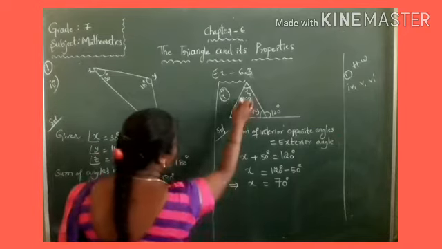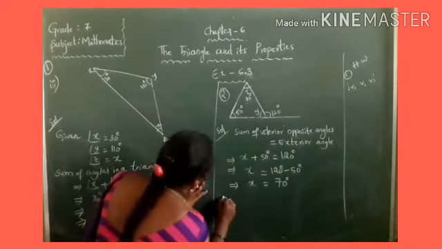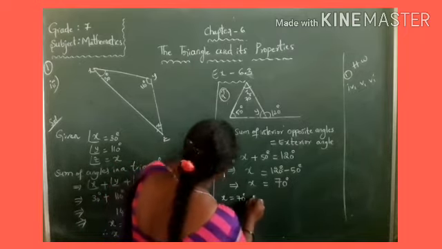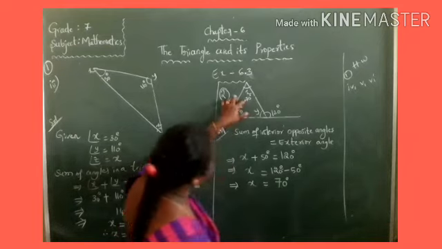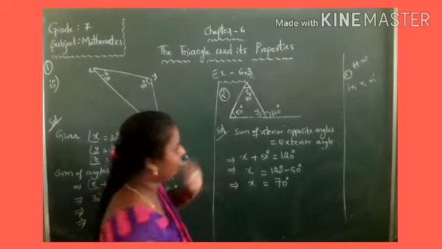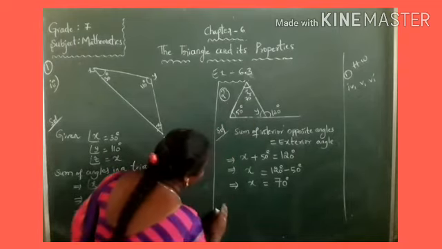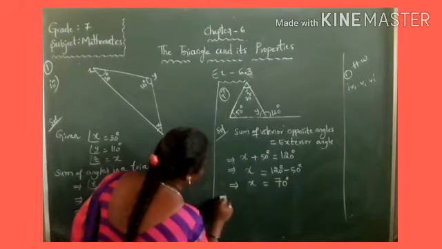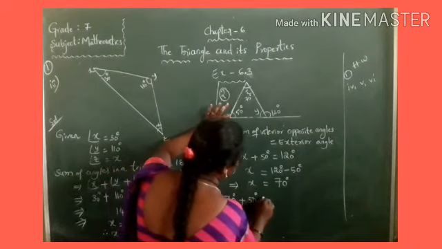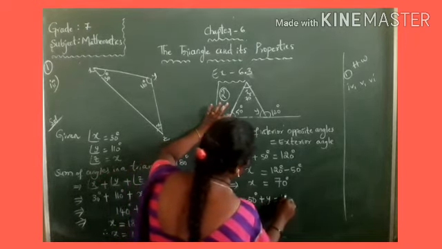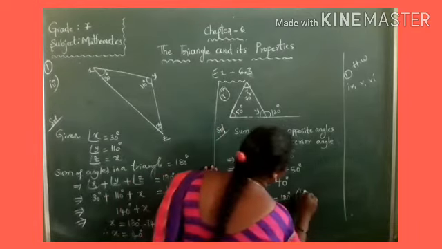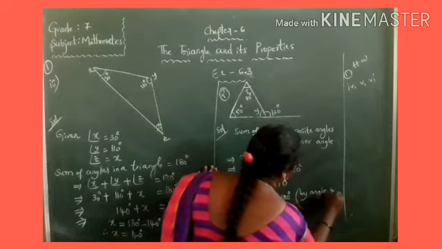Sum of all angles here: x is equal to 70 degrees, one more is 50 degrees, and one more y. We have to find here the y value. By angle sum property, 70 degrees plus 50 degrees plus y is equal to 180 degrees.